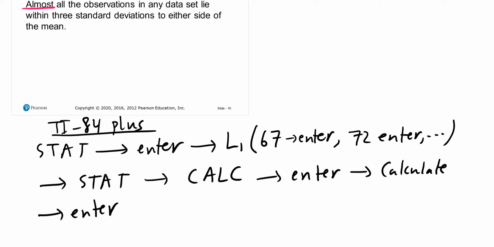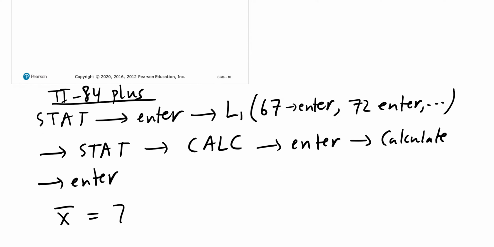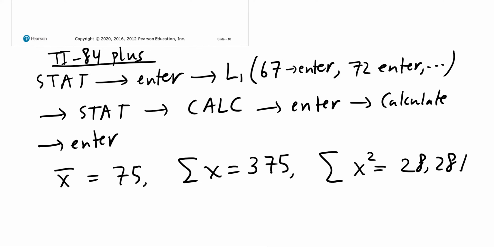What the calculator is going to give you is the first value, x bar, that's the mean. It's going to give you the sum of x, 375. That's the sum of all the values. It's going to give you the sum of x squared, the ones that we calculated by hand. And it's going to give you Sx, which is 6.244 something. The one I gave you was estimated.